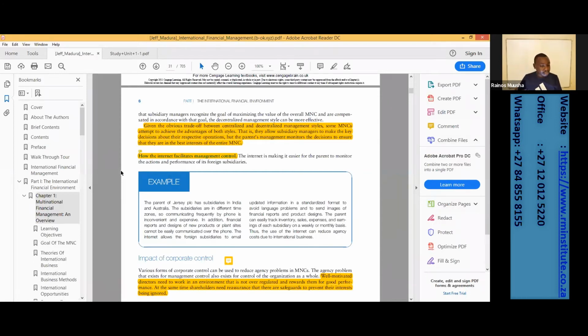Then they will be having regular meetings with the different managers, and that way the monitoring and controlling of the different subsidiaries is made easier, mainly because they are able to keep constant communication and get more regular feedback from the different managers as well.